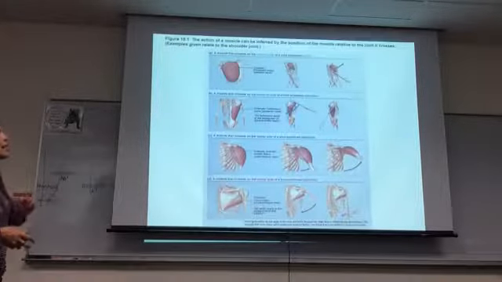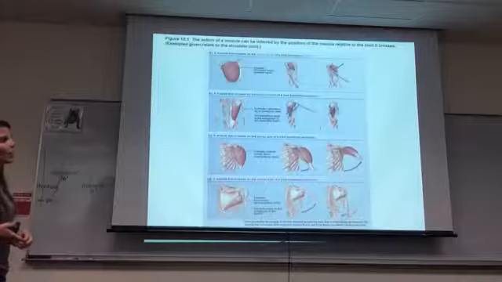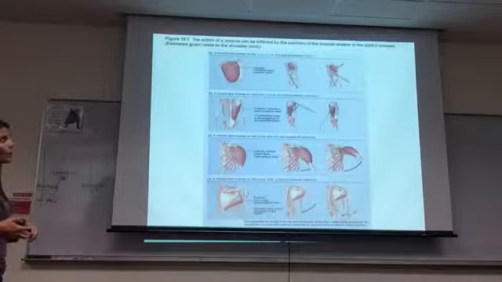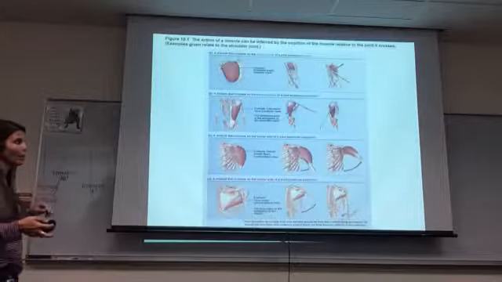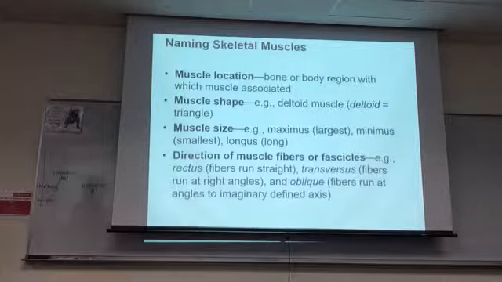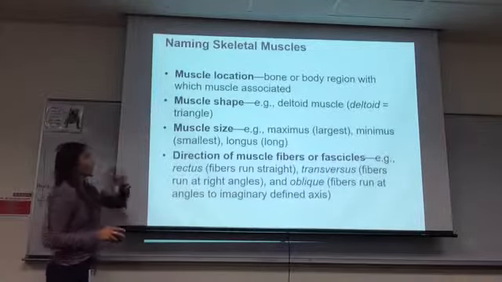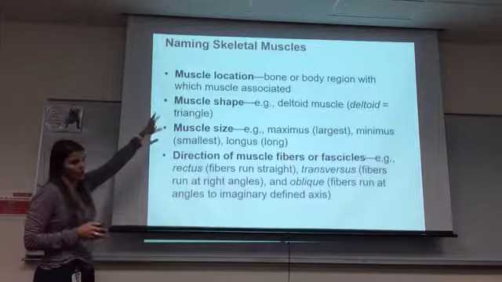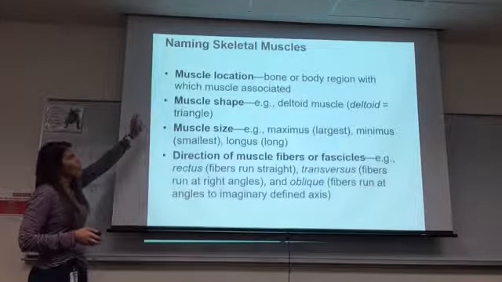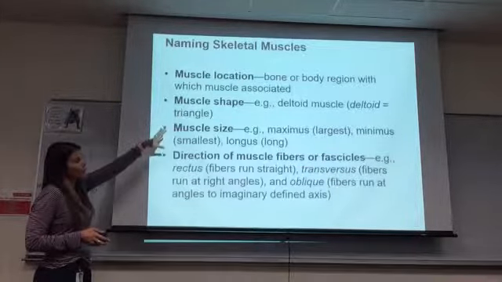Here shows you different ways that muscles can be used for protection and support. This also helps with naming, but we'll get there. The names of muscles are never random. There's quite a bit of information that you could potentially get from them. One of them might be the location. Another one might be the shape of the muscle.